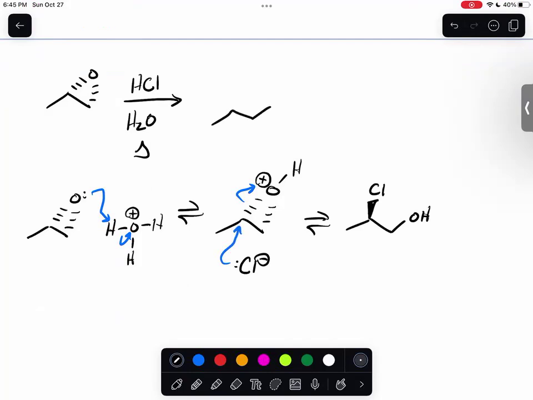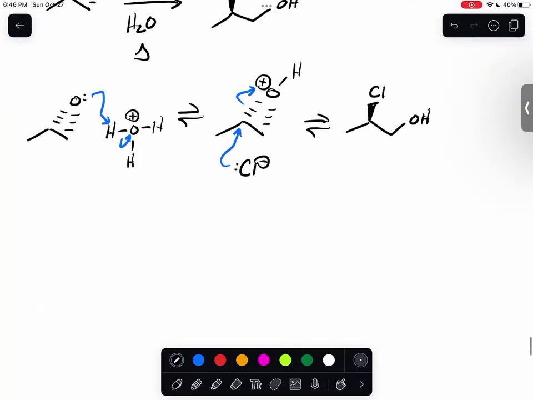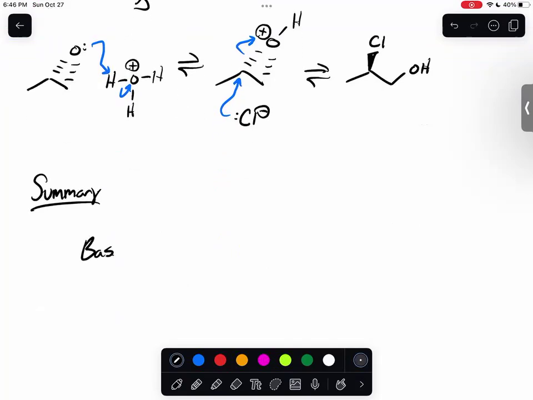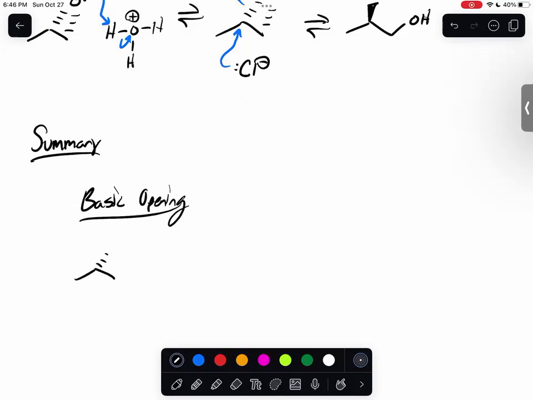All right. So overall, for epoxide ring openings, here's going to be our very simple summary. For a basic opening, what'll happen is you'll have your base, usually with a negative charge. It's going to come in and it's going to attack the least substituted side.